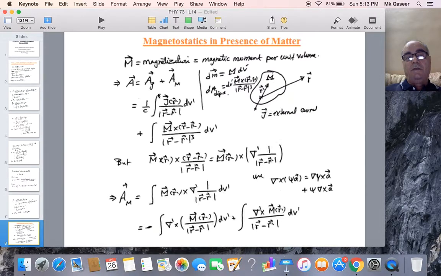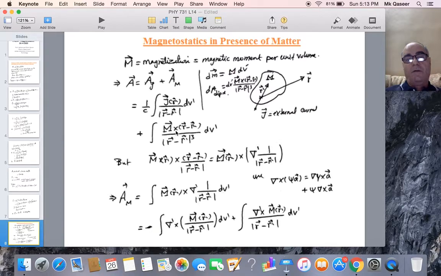So A is A due to the external field plus A due to the magnetization M of this material. This is the expression for the external field, and this is the expression for the vector potential due to the magnetization M, where I replaced dm by M dV prime.